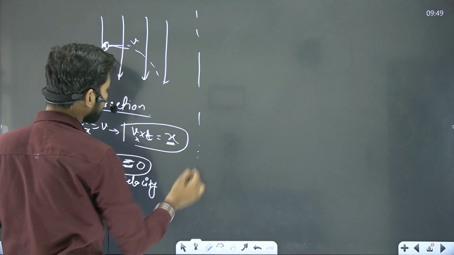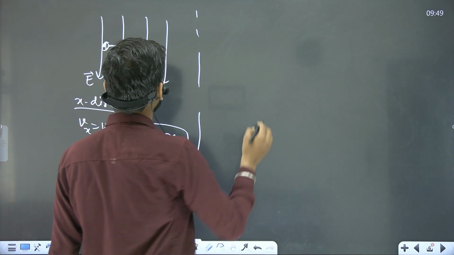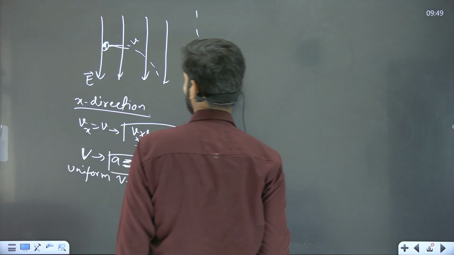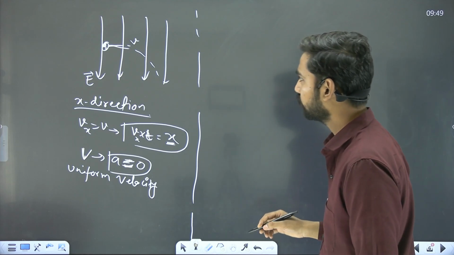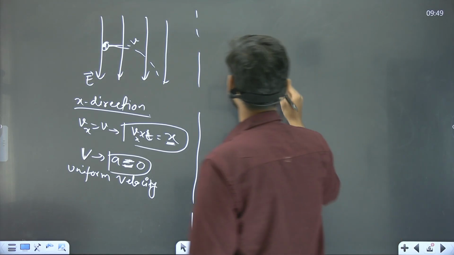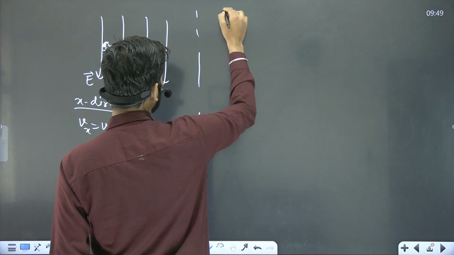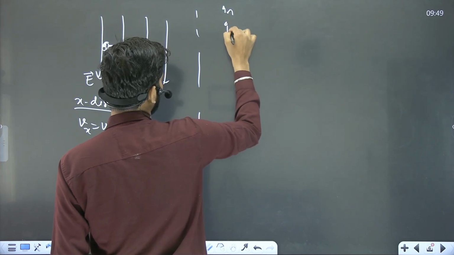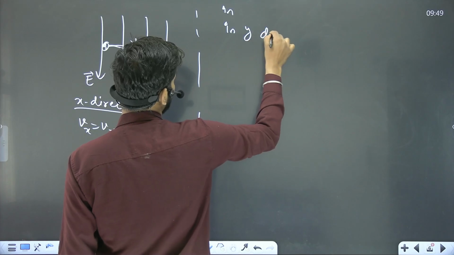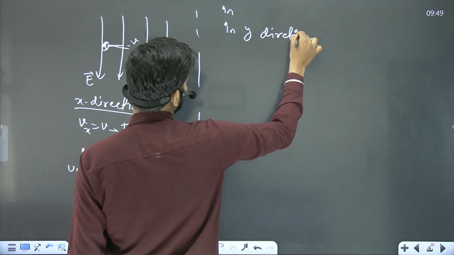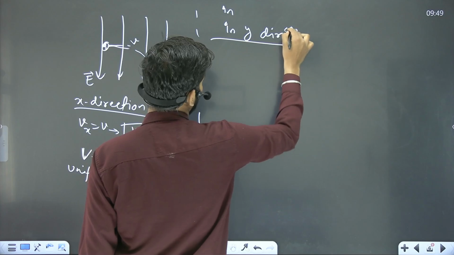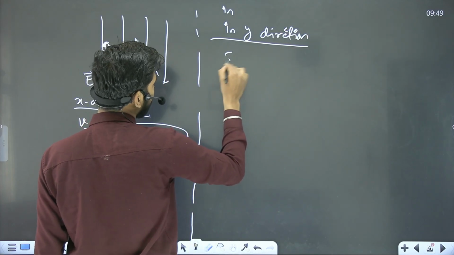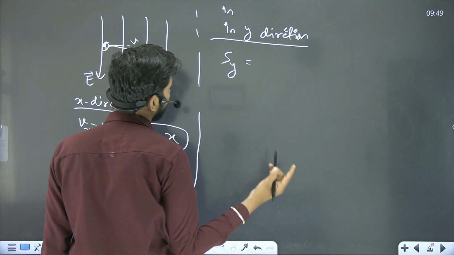And at the same time, if I think about the path of the charged particle q in the vertical direction, then sir, in the y direction, how does it look? Sir, in the y direction the displacement may be sy.